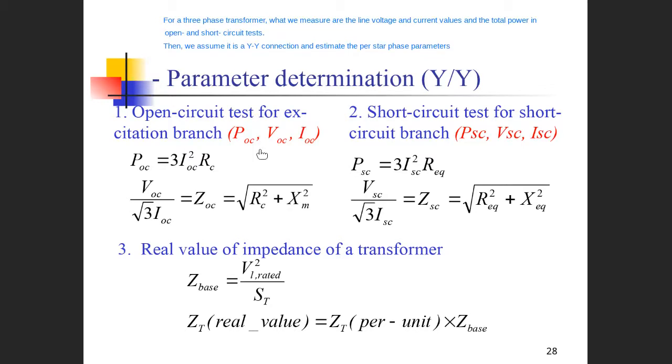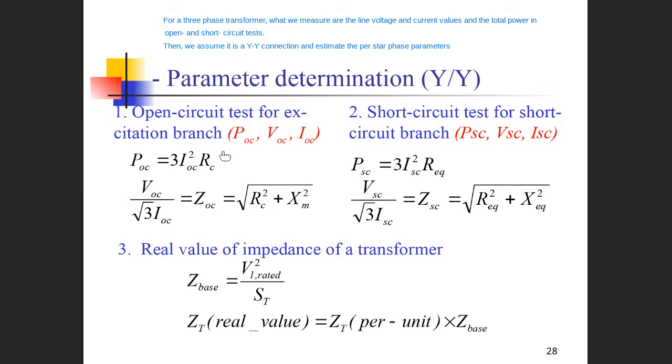Okay. Now we can do the open circuit test for the excitation branch. So here, once again, do you still remember how to do the open circuit test for a three-phase transformer?